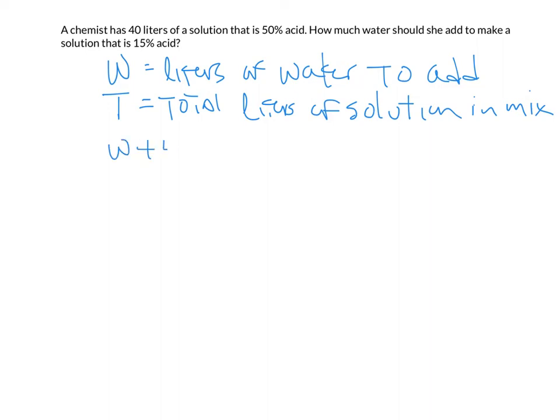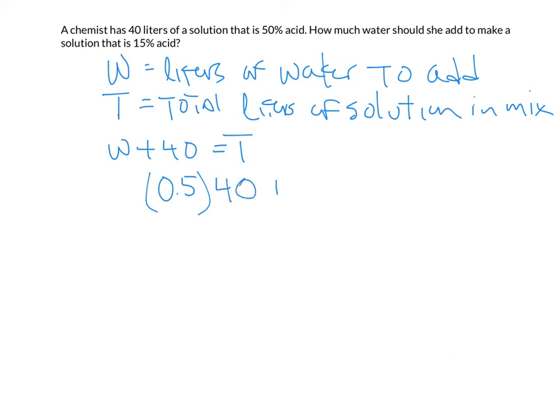W plus 40 equals T, and we can write an equation that keeps track of the acid in the solutions. That equation turns out to be kind of interesting because we have a 50% solution to start with. So 50% of 40, we're going to write 0.5 times 40, is how much acid there was to start with.